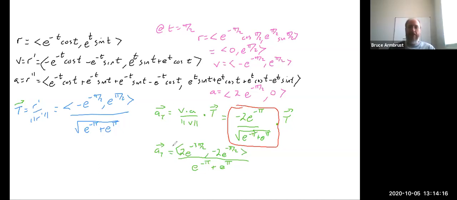All right, well, anyway, so here's AT. So now what I'm going to find is AN. Because I'm going to use the fact that AN plus AT is equal to A. So the vector AN is equal to A minus AT. Well, I've got an A. I've got an AT. So we can just subtract those.